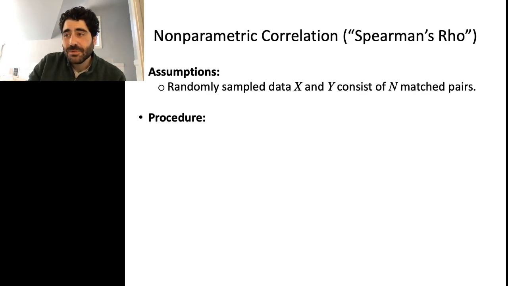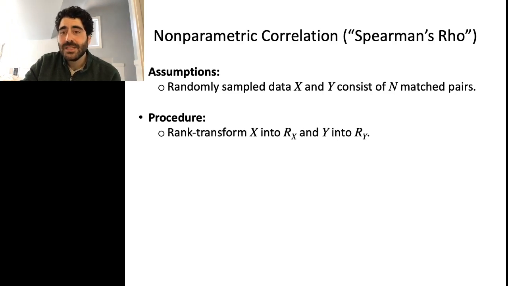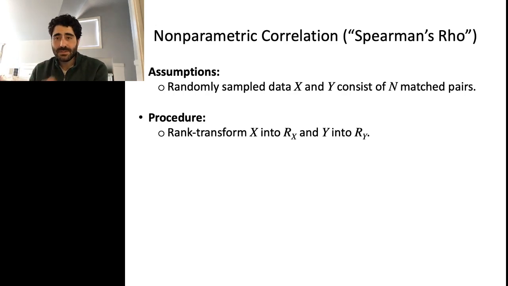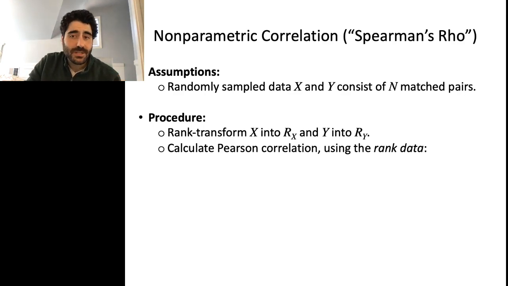We have data where we have 2 measurements for every data point that are paired up in some way, and Spearman's rho is a fancy name for a really simple process, which is that we take our X values and convert them into ranks among the X values. Then we take our Ys and convert them into ranks among the Ys. We're never mixing X and Ys here. And then we just compute Pearson correlation using our rank data.